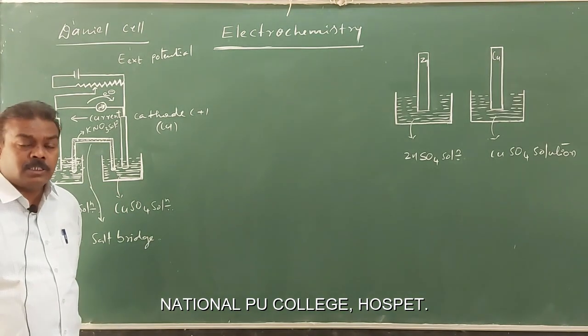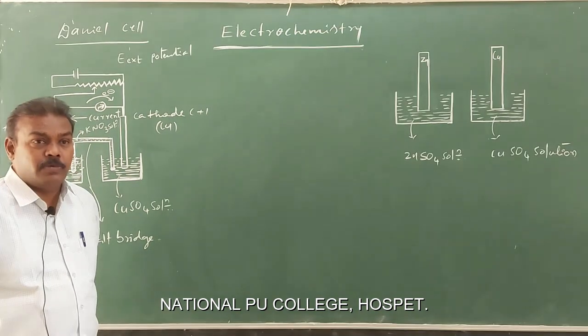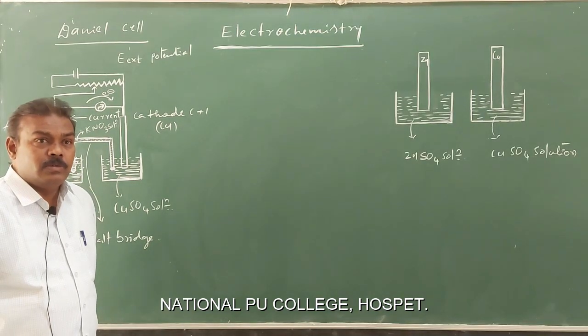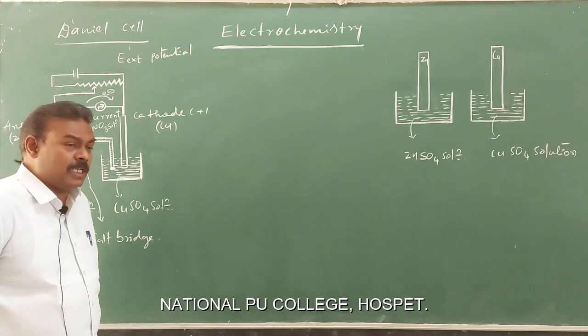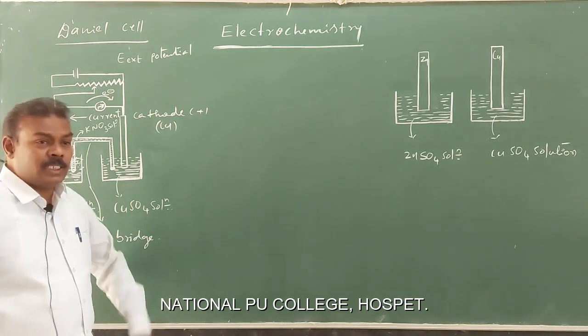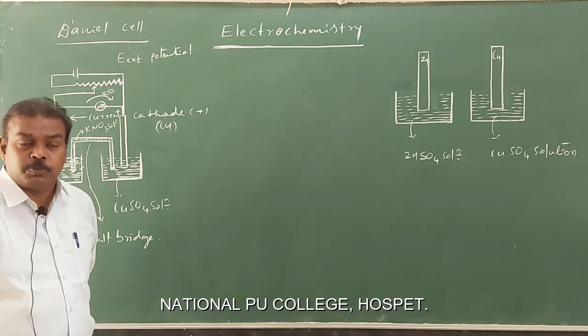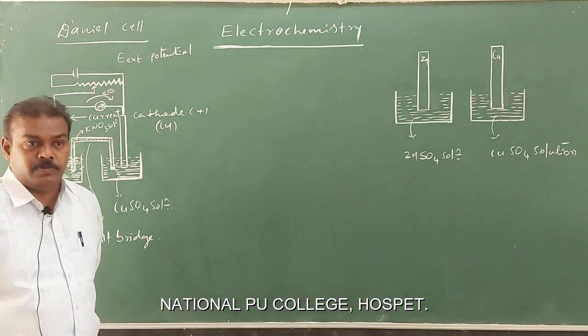Based on the concept of redox reactions, we know how to generate electric current by use of chemical reactions. These spontaneous reactions are responsible for the generation of electricity in the Daniell cell.